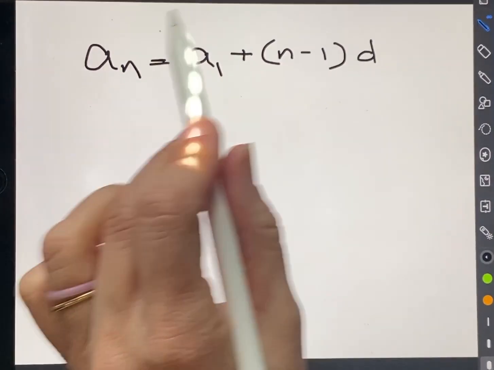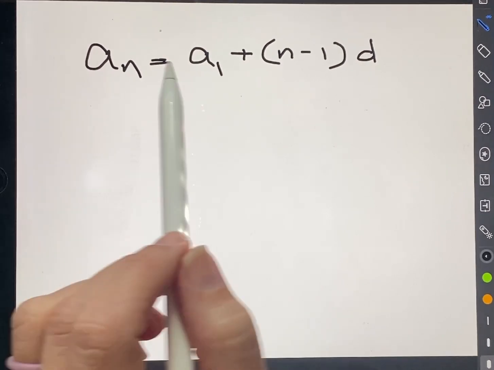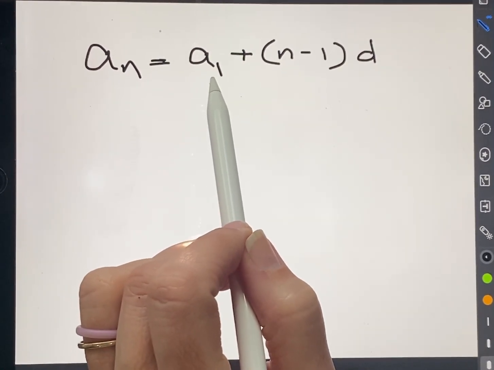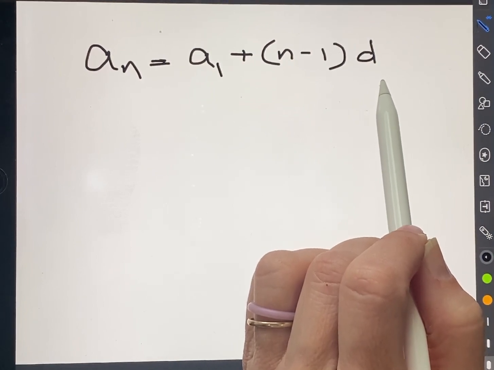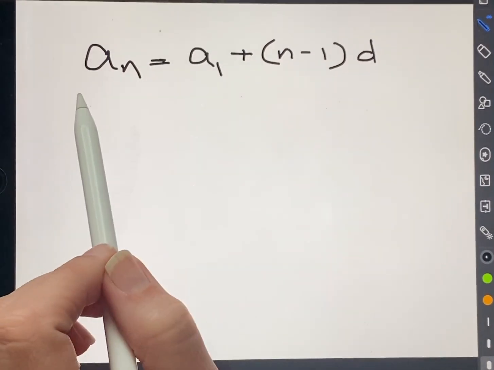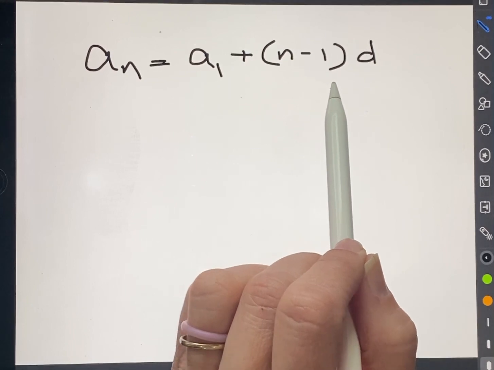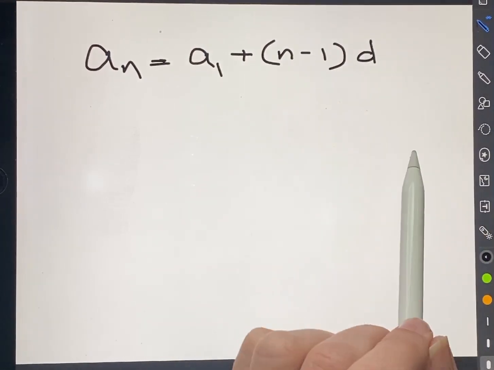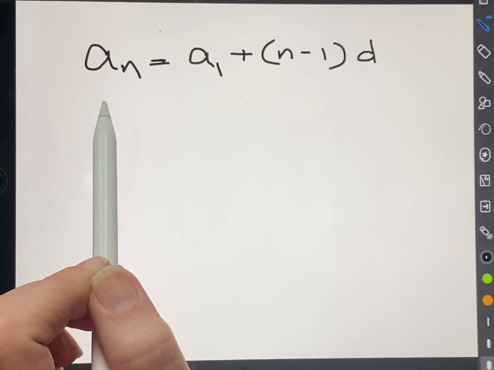Okay, so now that we have this formula that describes how to find terms, we can find our term if we know our starting value and our common difference, what we are actually jumping by and what term we want. We could find our starting value if we know where we ended up, because then we know how many times we have jumped. We could find our common difference if we know where we start and where we ended.